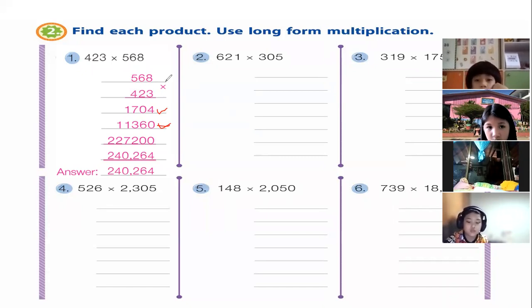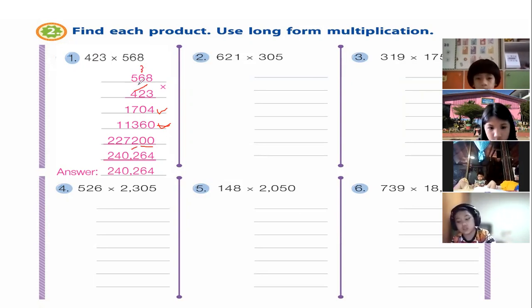Okay, so 4 multiplied by 8 is equal to, here we are going to write 2 zeros at the place 1 and place 10. Now 4 multiplied by 8 is equal to 32, right? So 2 we're going to write at the 100 place and 3 will carry over at place 10.